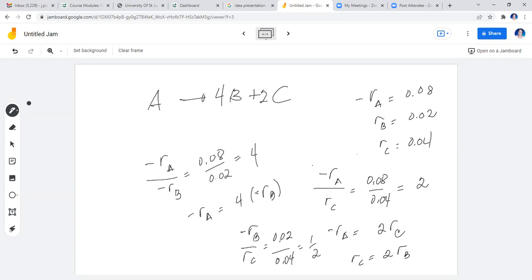So you could see here, this 4 is twice of this 2. So from the values of the rates, should you be asked to arrive at the correct stoichiometric equation, this is the stoichiometric equation. It's not being asked, but that's how you find it. So A forming 4 moles of B plus 2 moles of C.